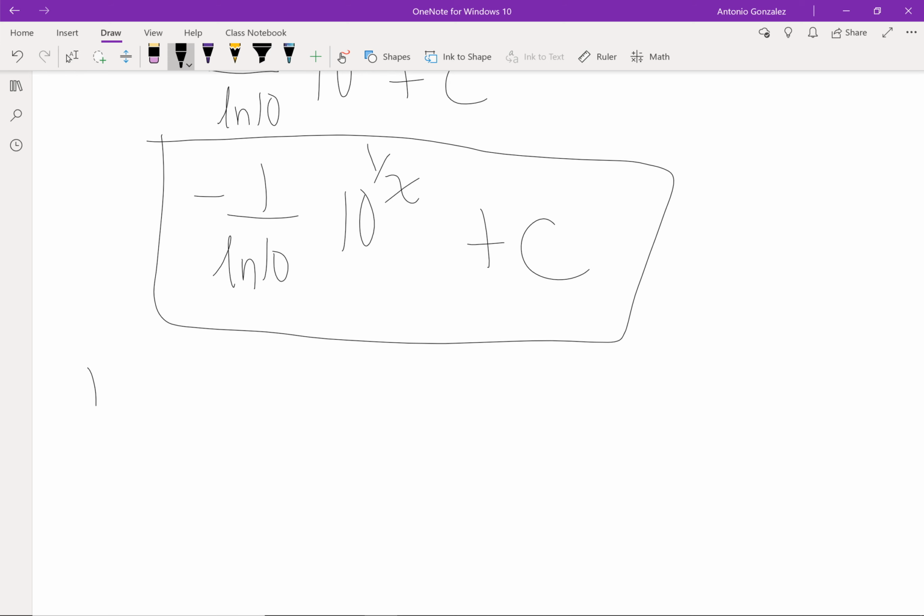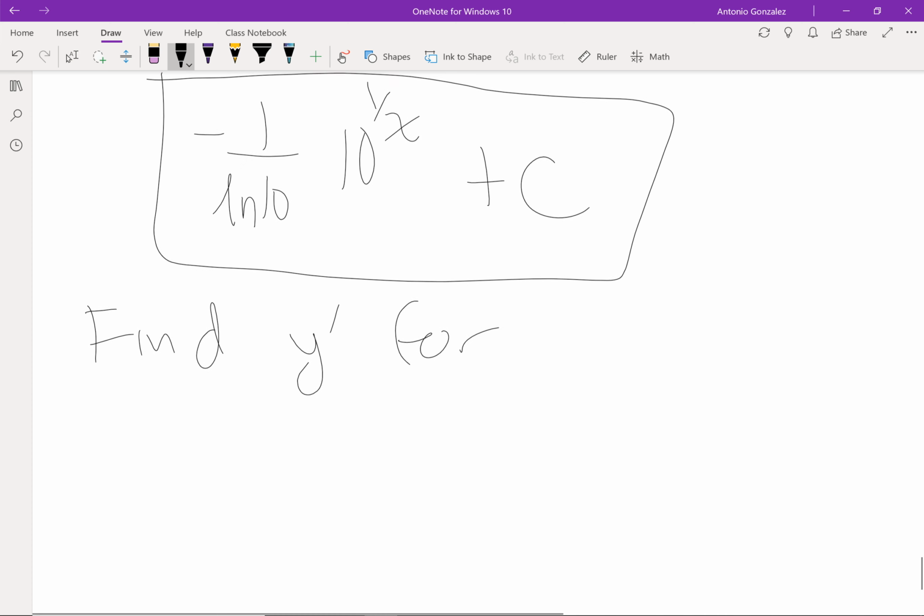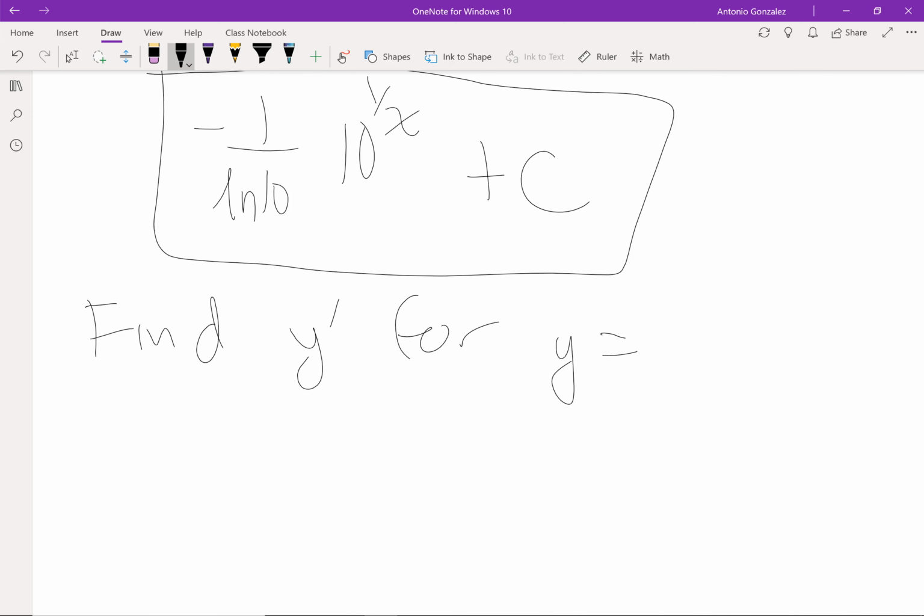Let's say find y prime for y equals log base 3 of x over x.